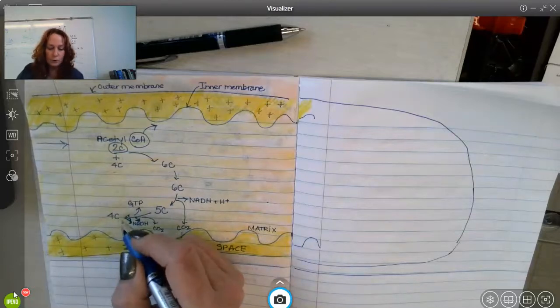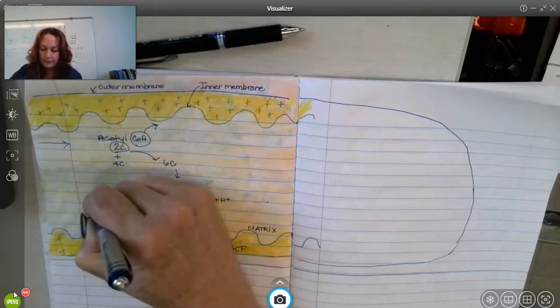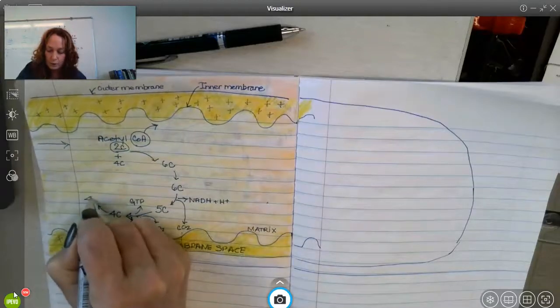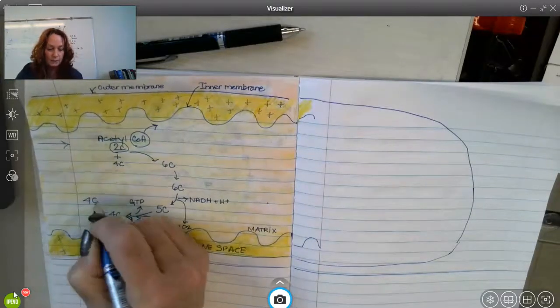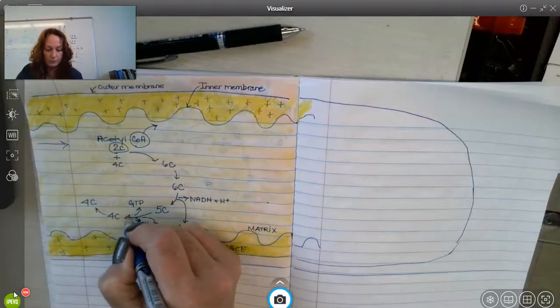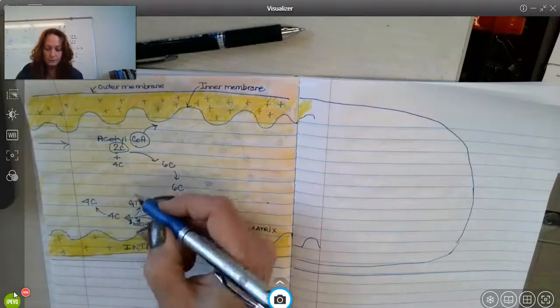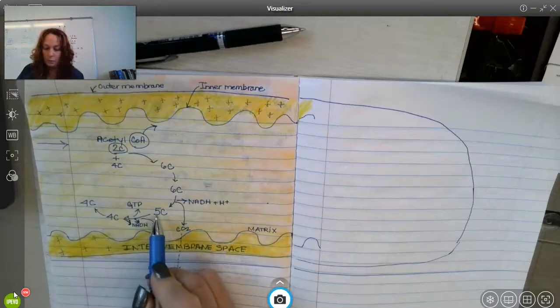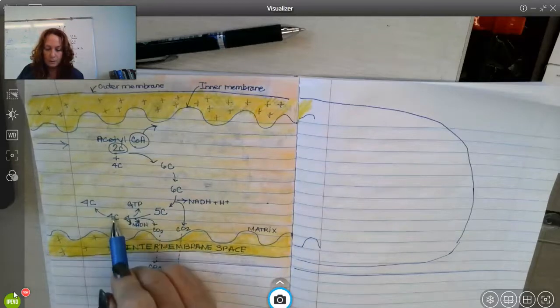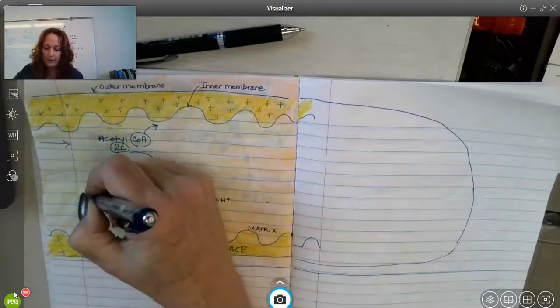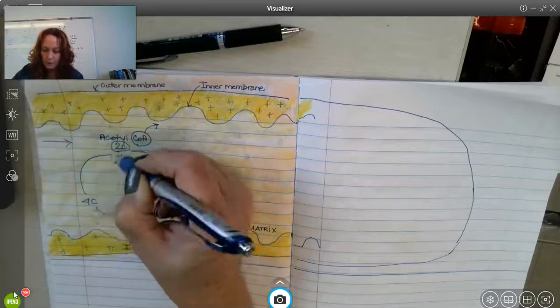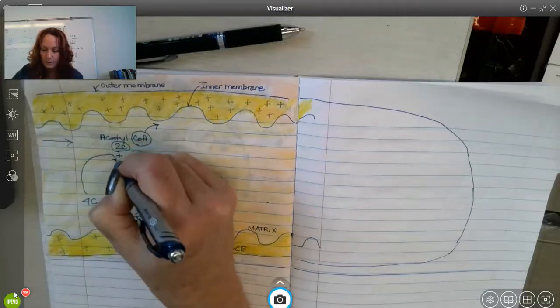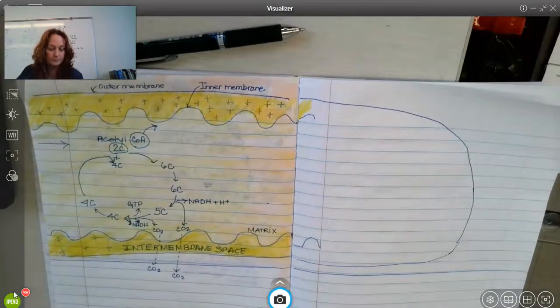Then you're going to have some just conformational changes that you're going to go through. So we're going to go from 5-carbon to 4-carbon to 4-carbon, and then more conformational changes to come back to this original one.